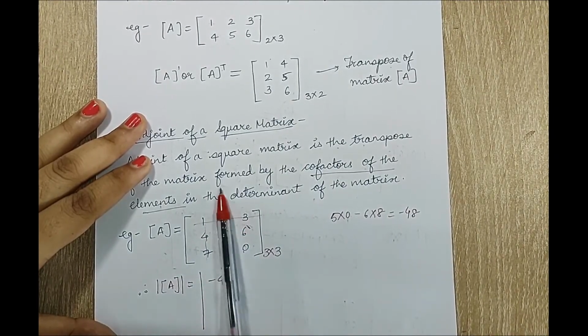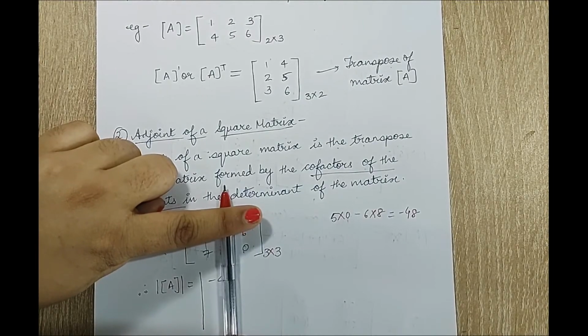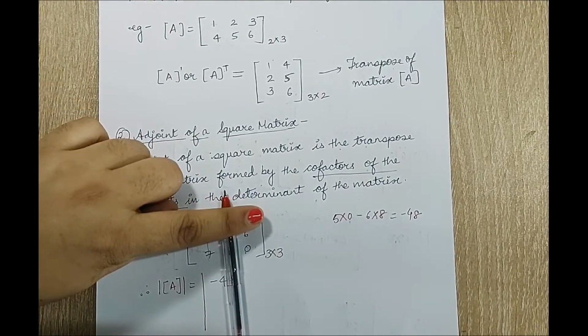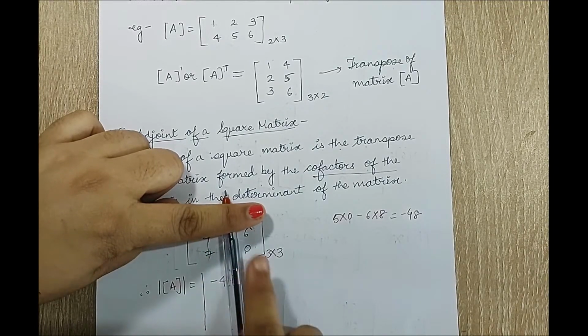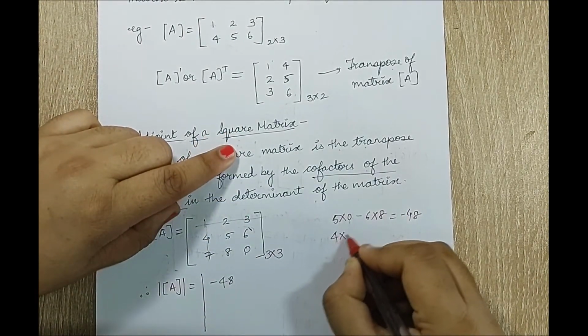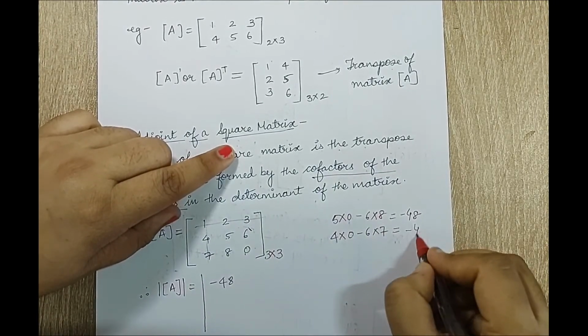Next, suppose I have to calculate for 2, I'll forget the second row and the first column, the place where it is existing. If you forget these two, what remains is 4 into 0 minus 6 into 7. So I get the value as minus 42.